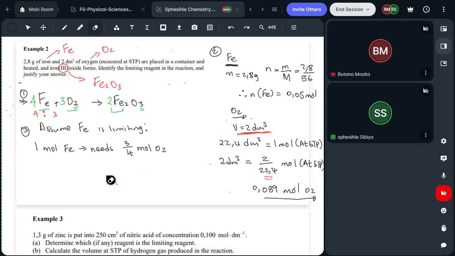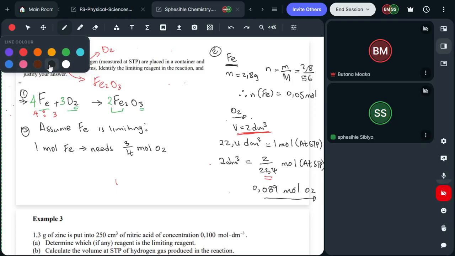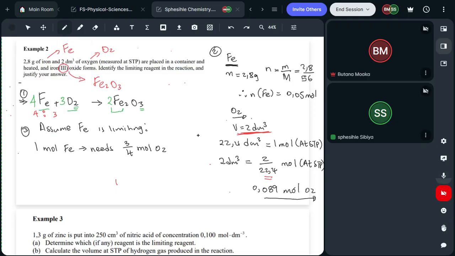So now, this is the interesting part. Remember, we said we're going to assume that Fe is limiting. So we're going to compare the amount of O2.